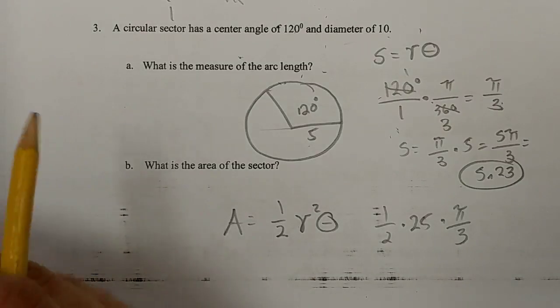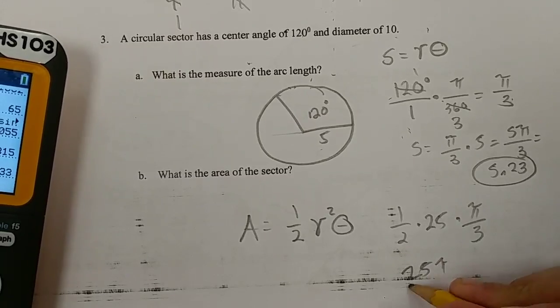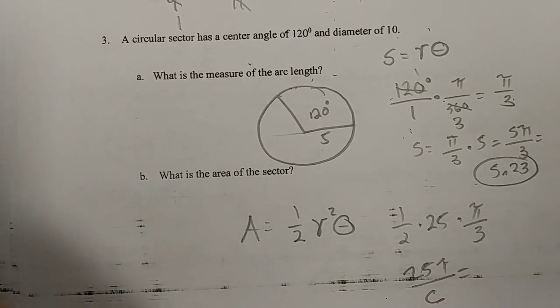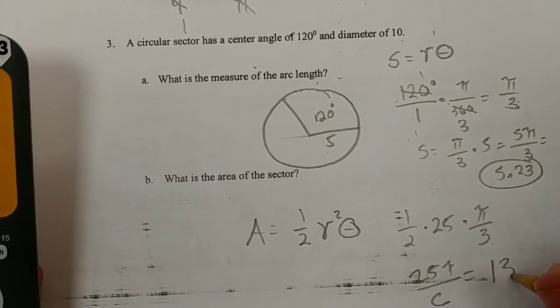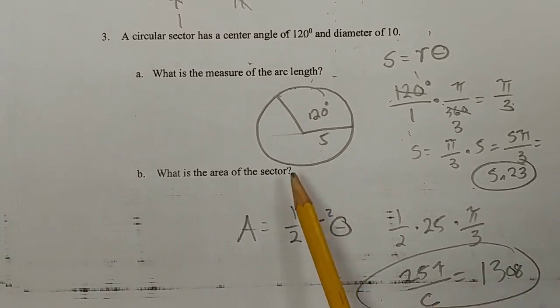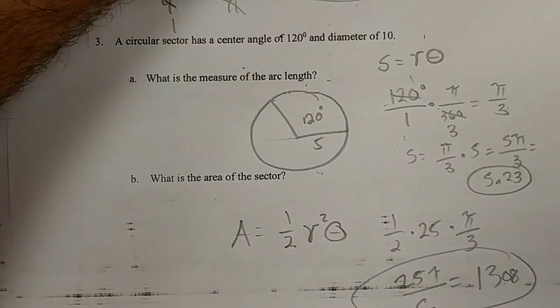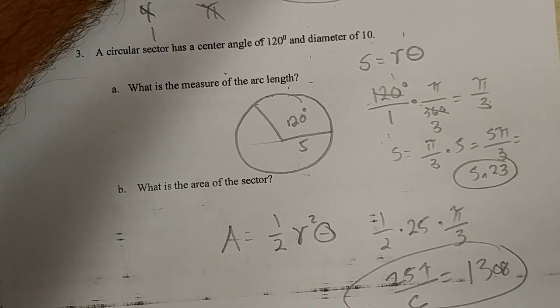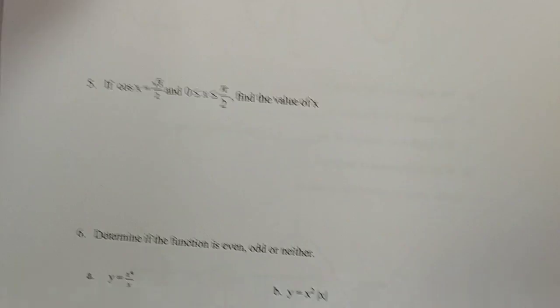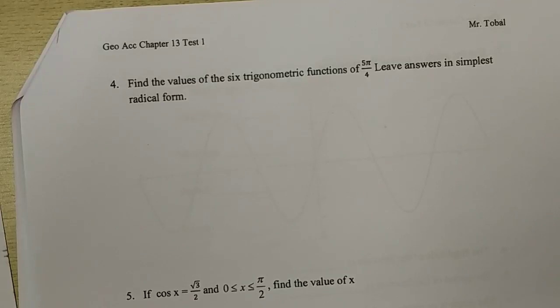So that's 25 pi over 6, which as a decimal is 13.808. I would like you to check if you could do the proportional way, to practice, to see if you get around the same answer. Again, because we're estimating a lot of things, it might not be exactly the same answer.